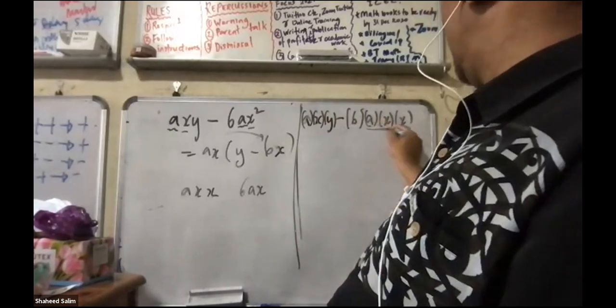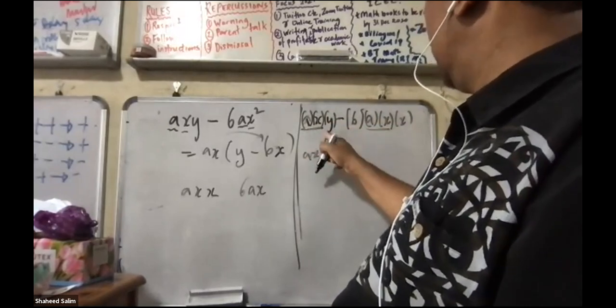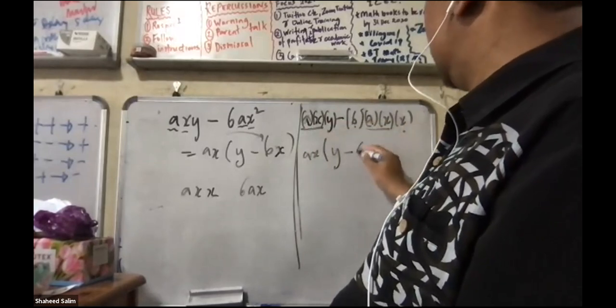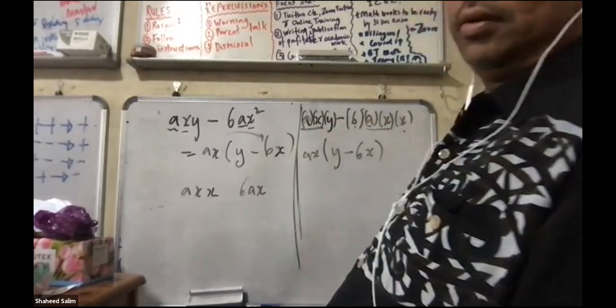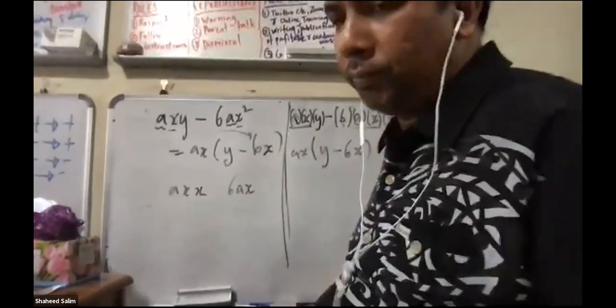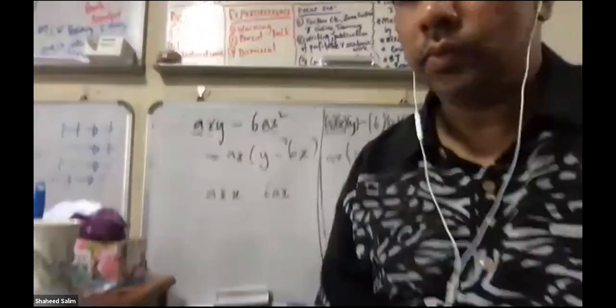So you take up ax, your left inside is y. Down here, correct? And what you're left inside here? 6x. Quite clear, right? Your teacher's method is quite good. Actually, I'm learning something. We try the next one, all right?